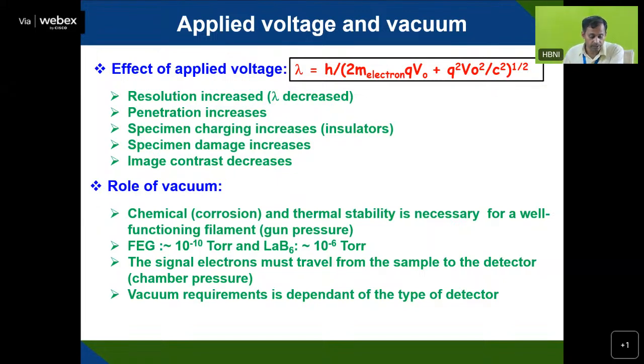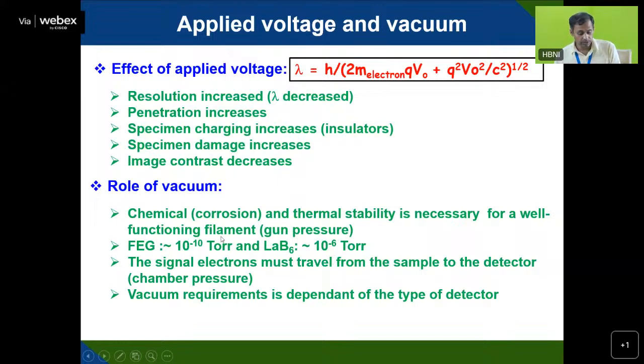Image contrast also goes bad based on the applied voltage. You have to do all these experiments in a vacuum that is chemically non-corrosive, and thermal stability is necessary for a well-functioning filament at a particular gun pressure. FEG generally needs a high vacuum of 10 to the power minus 10 torr, whereas LaB6 needs less than 10 to the minus 6 torr.